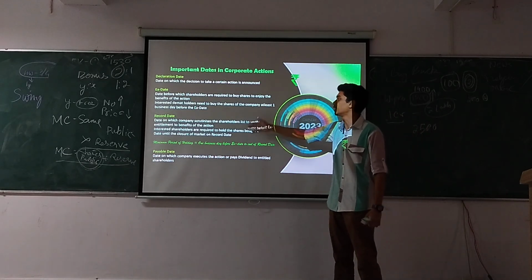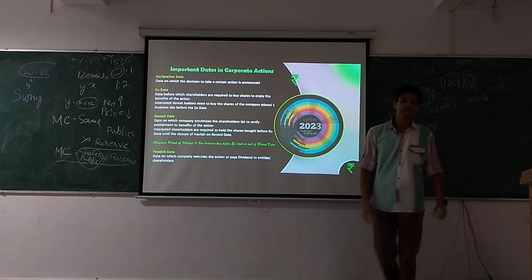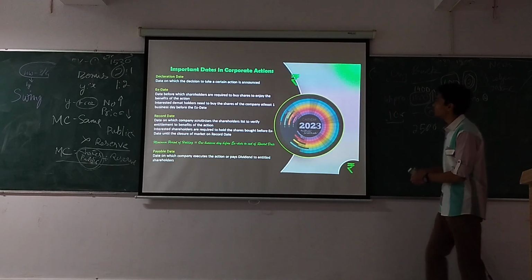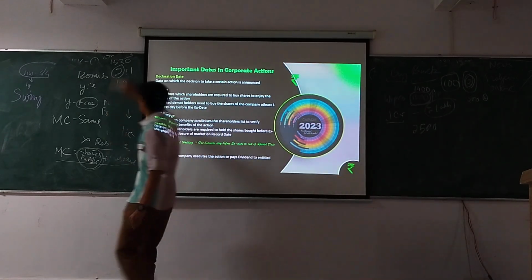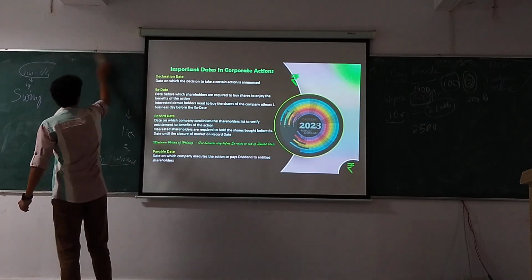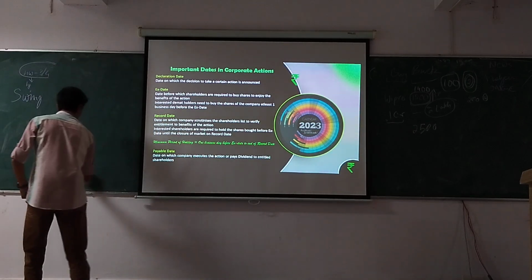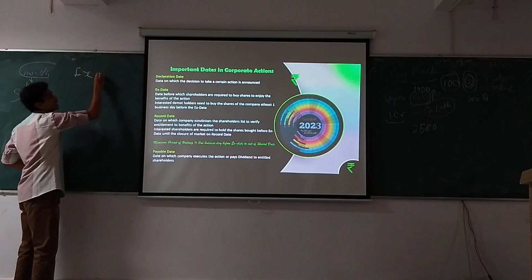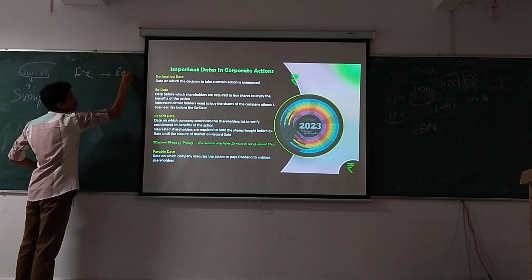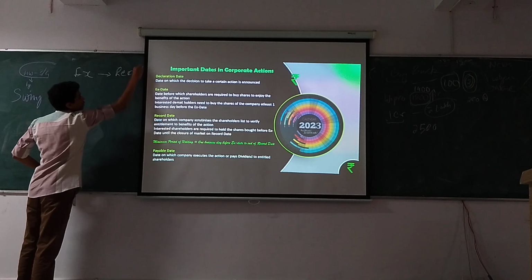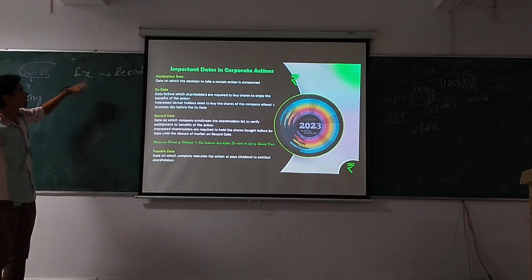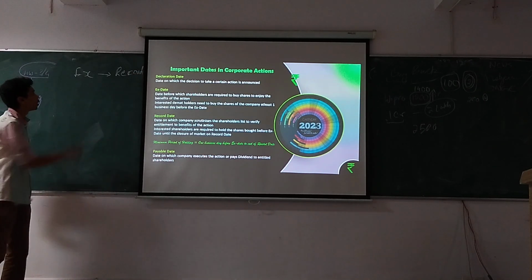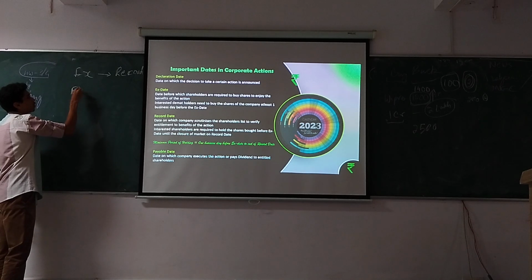Now this ex date and record date go hand in hand. It means if you hold a share from ex date to record date, you are eligible for the dividend.